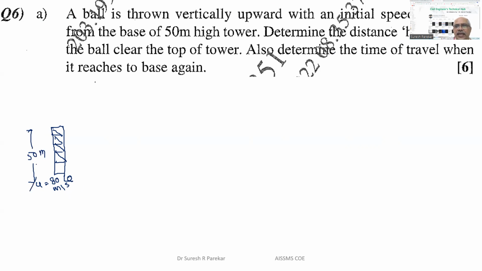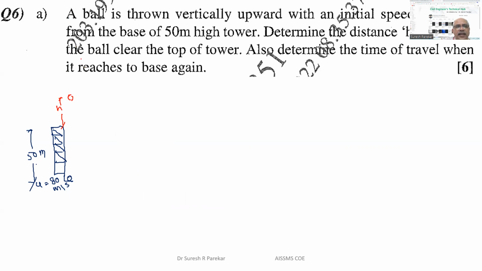Determine the distance h by which the ball cleared the top of the tower. So that means, I will now change the color, my ball is somewhere above this tower. Let us say it is somewhere here, and this distance is h.